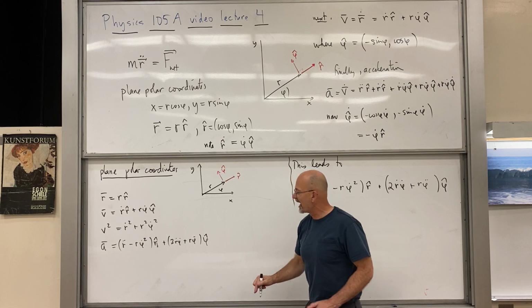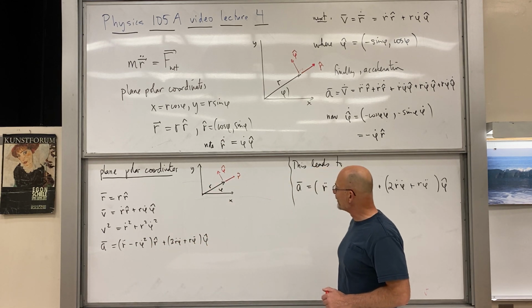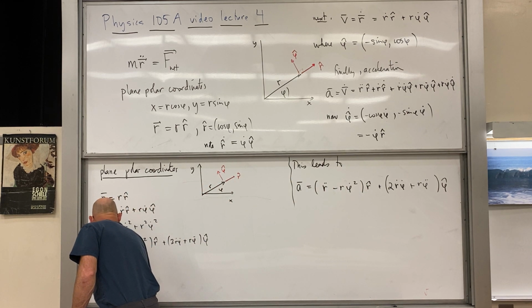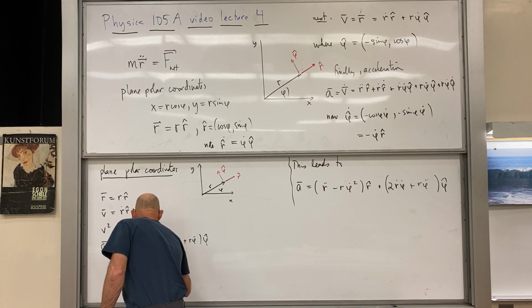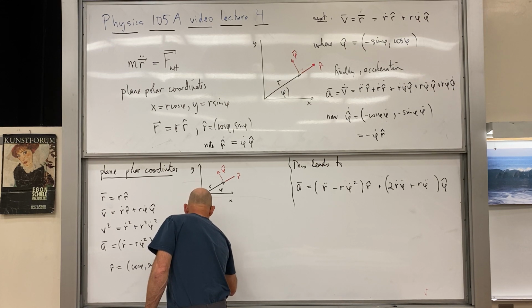We'll just do a little practice with all of these expressions to make sure they make sense. And I'll even put in r hat is equal to cos phi, sine phi, phi hat is equal to minus sine phi, cos phi.